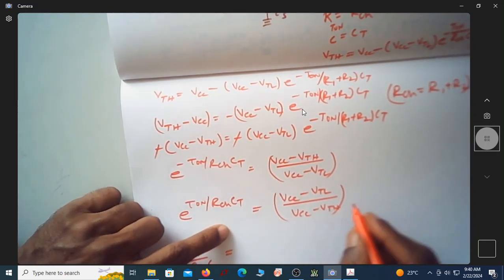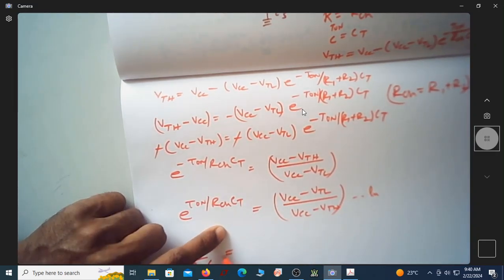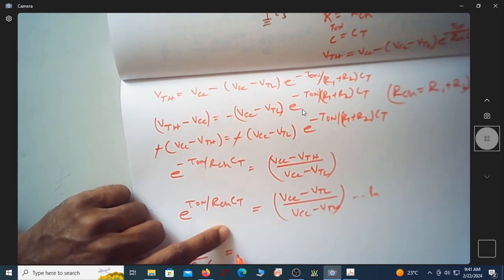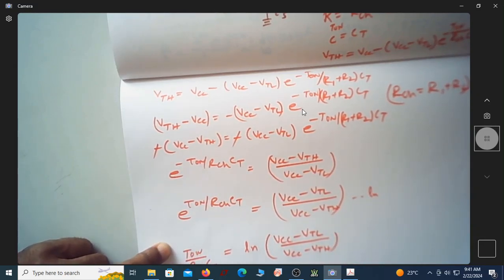Take ln on both sides. ln of e is 1. So now this is ln of VCC minus VTL by VCC minus VTH. So what is T on?